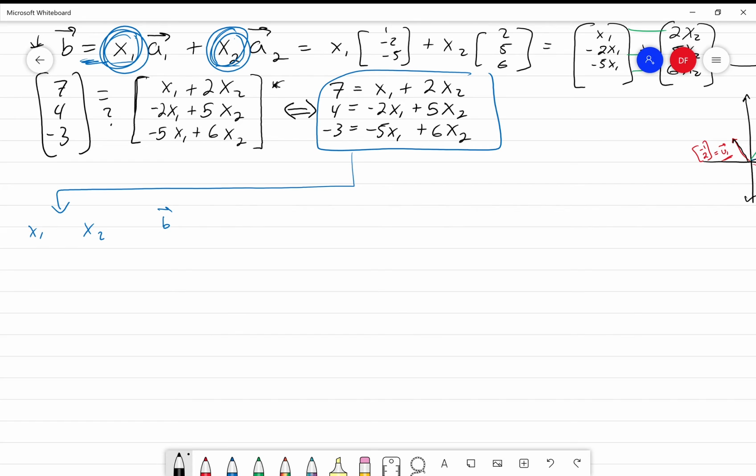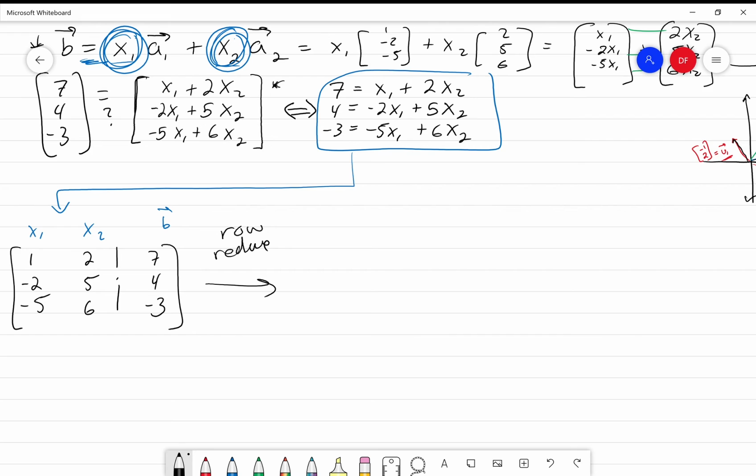I make my augmented matrix, so I'll get x1 is 1, negative 2, negative 5, and then I have 2, 5, 6, and then I have 7, 4, negative 3. And I just solve this. I row reduce. Okay? And when I row reduce this, I end up getting the following. 1, 0, 0, 1, 0, 0. And then I have 3, 2, 0.